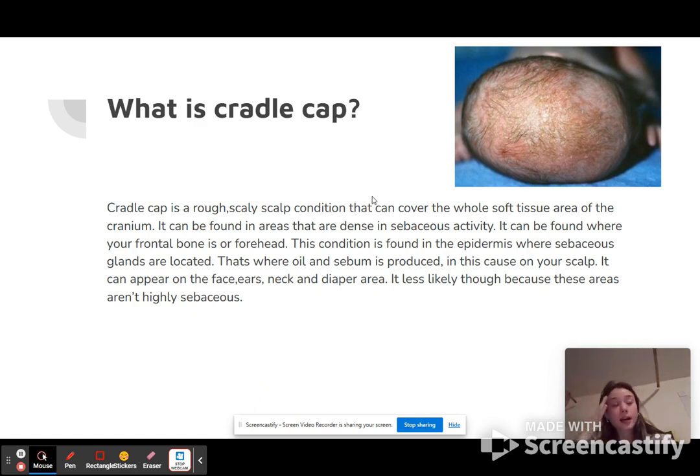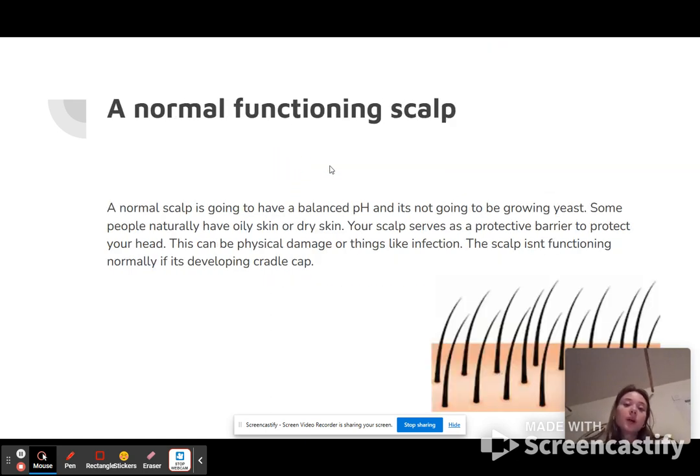It can also be down on your ears, your neck, or a diaper area, but it is less likely since those areas aren't highly sebaceous. A normal functioning scalp is going to protect. Your skin is there to protect, and it has a protective barrier.